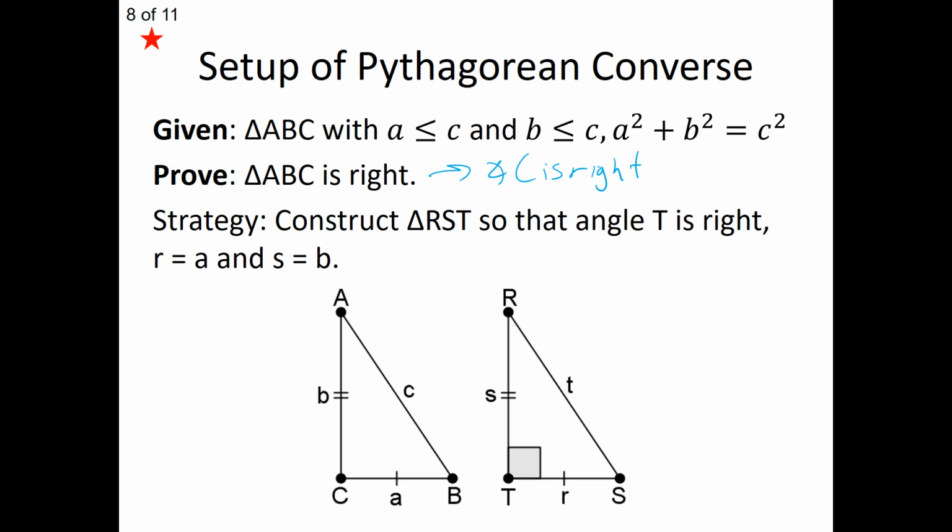I'm simply using the power of constructions that we have with the ruler postulate and the protractor postulate to bring RST to life. Now, what we're going to then do with this construction is arrive at our conclusion that triangle ABC is also going to be a right triangle.